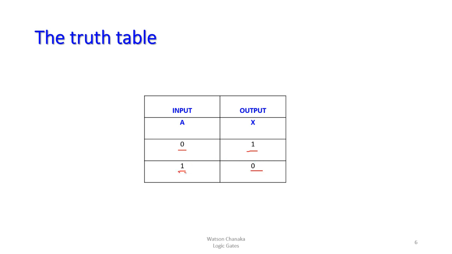Either you're going to get a high value, you're going to get a low value, or if you put a true value, you're going to get a false value. So this is what we call a truth table. It shows us every outcome of our logic gate. So it only works with two values, either a 0 or a 1. These are what we call the binary numbers.